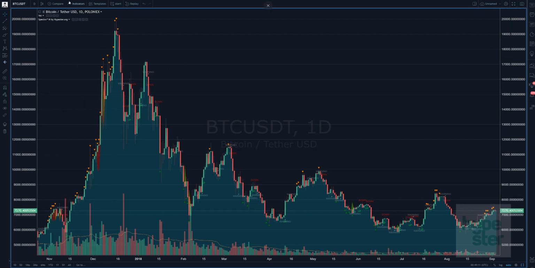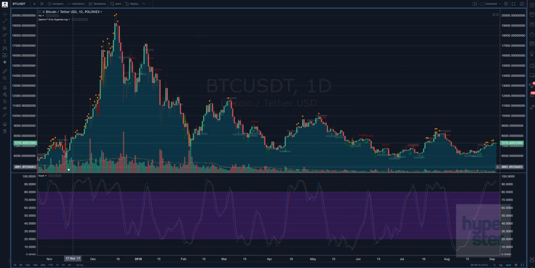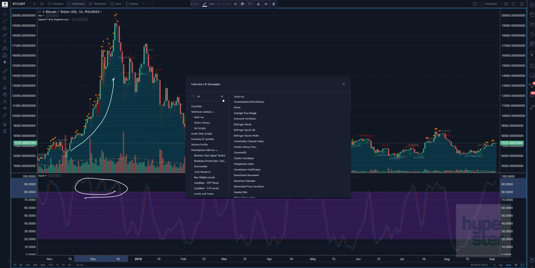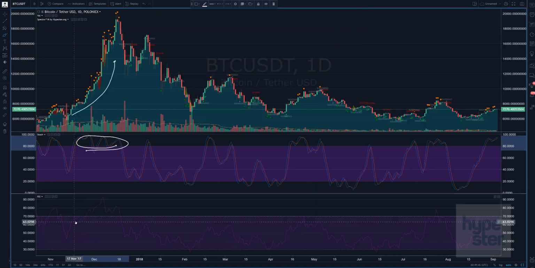So you can look at just one stupid example, stochastic. Check it out. When we see this huge spike up, which was the huge bubble, when it burst, the stochastic went crazy. This thing was going up and down at the same time. It was so hard to get a good signal. Let's try RSI. I'm just going for the popular ones. It's hard to know if your strategy is to sell when it's going down.